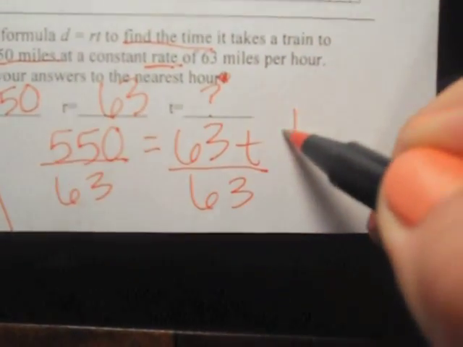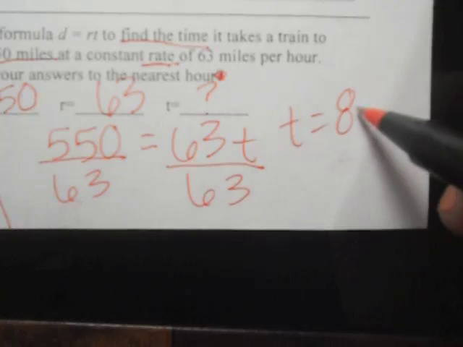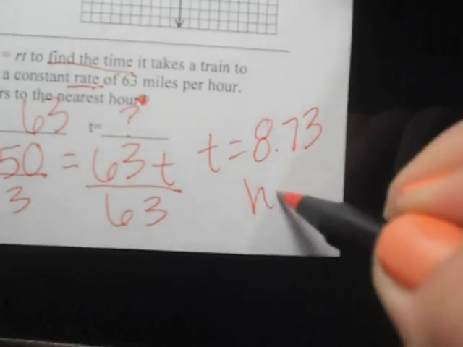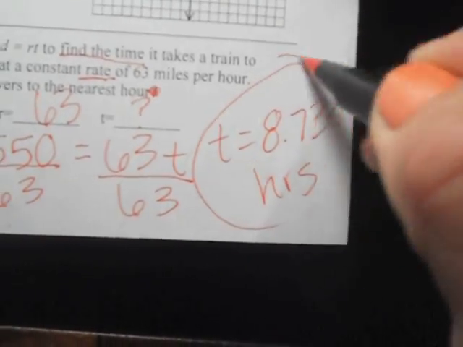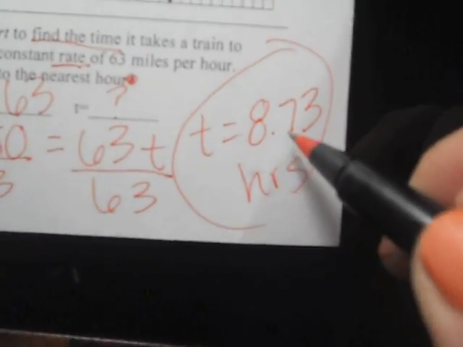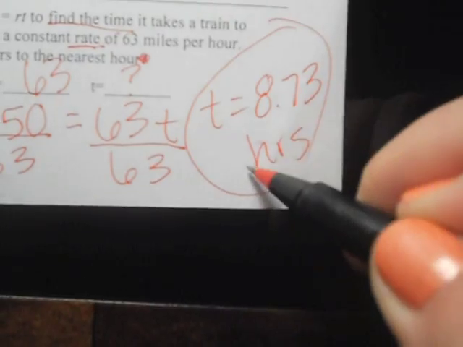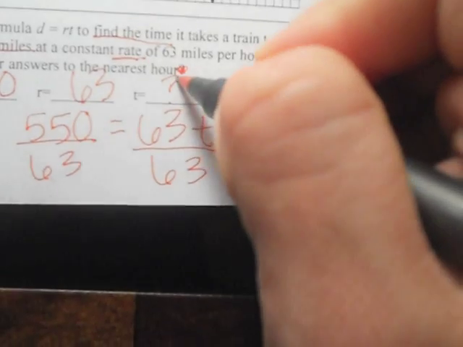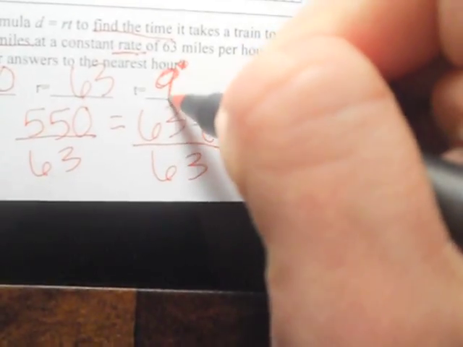What does that mean? What does it mean that T is 8.73? That's 8.73 hours. It says round your answer to the nearest hour. 8.7, is that closer to 8 or 9? That'd be closer to 9. So T is 9.